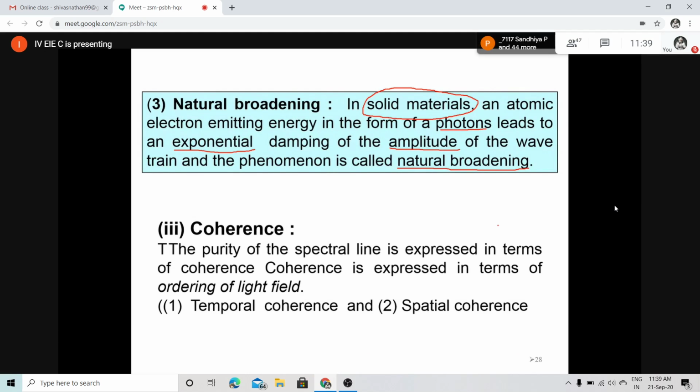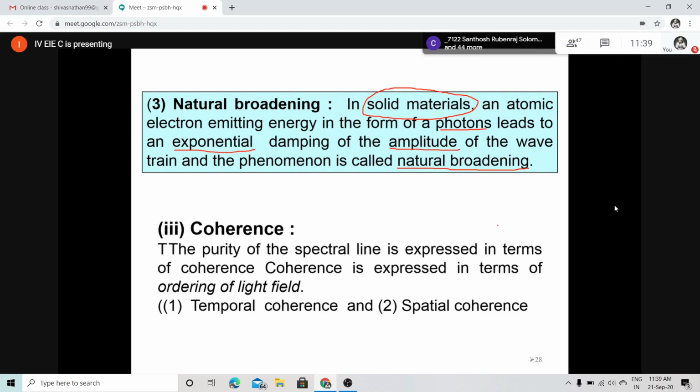Now coming to coherence. We might have seen some phenomena related to coherence. If we say coherence is a phenomenon of laser action, a laser beam is accompanied by different photons emitted with similar wavelength, and those photons flow in phase.